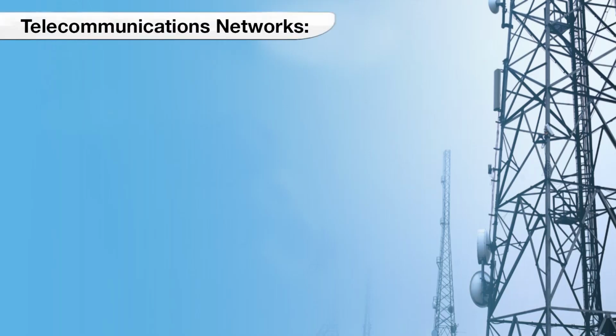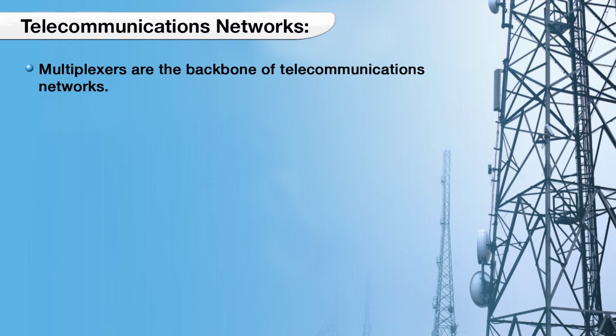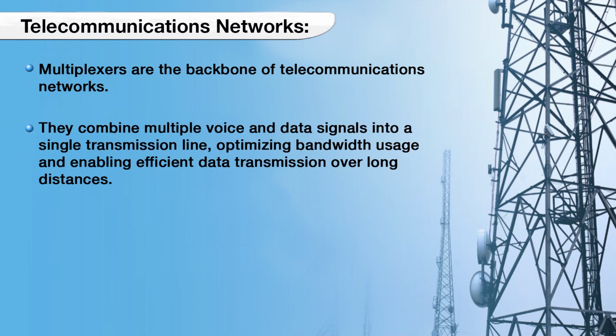The first example is the telecommunications network. Multiplexers are the backbone of telecommunication networks. They combine multiple voice and data signals into a single transmission line, optimizing the bandwidth usage and enabling efficient data transmission over long distance.